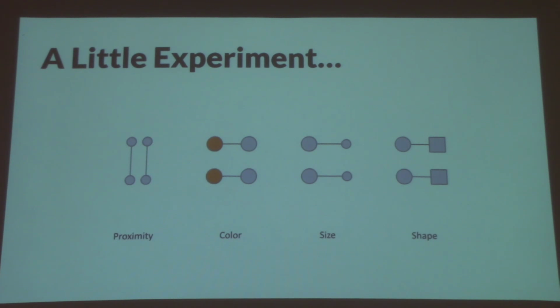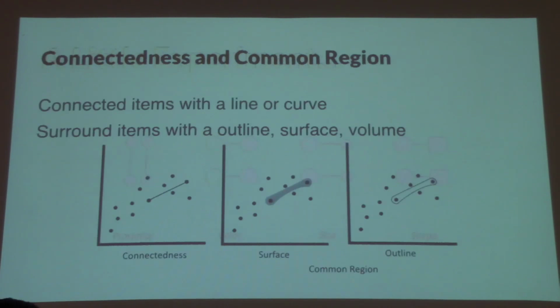However, as soon as we add connectivity to it, our grouping is obviously stronger for the connection lines here. So no matter which other principles we use, if we use a connecting line or a shared outline or something like this, this is our primary grouping principle here. So in a scatter plot, for example, this is called connectedness, a surface that surrounds it, or an outline.